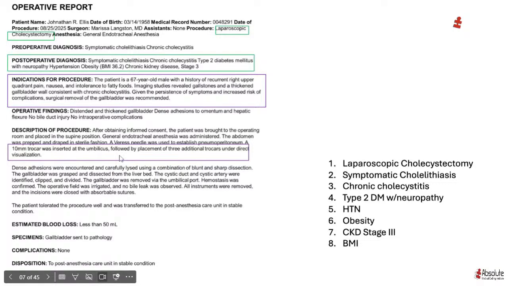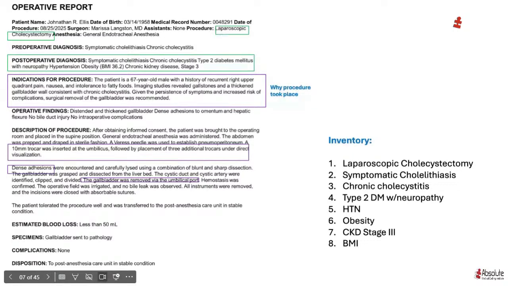This confirms to me that this is a laparoscopic procedure. Well, it's an indicator of a laparoscopic procedure. Also, I'm going to note that there were dense adhesions. I'm also going to note again that the gallbladder was removed via that umbilical port. That's confirmation that a laparoscopic procedure took place.